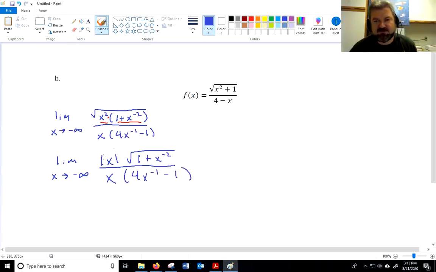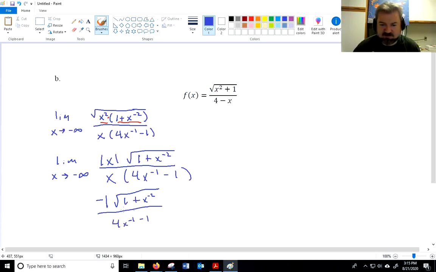Now when x is negative, the absolute value of x is a negative x. And if this is negative x divided by positive x, it will reduce to a negative 1. So this is negative 1 times the square root of 1 plus x to the negative 2 over 4x to the negative 1 minus 1. That's what I'm taking the limit of.